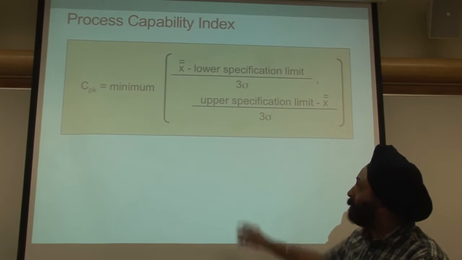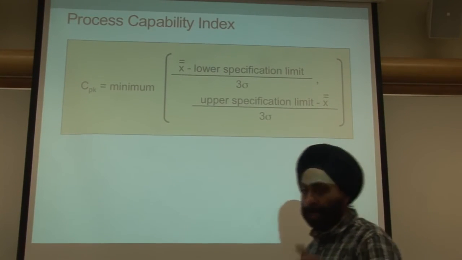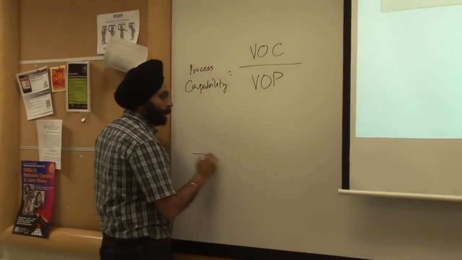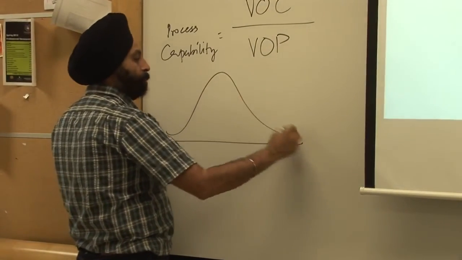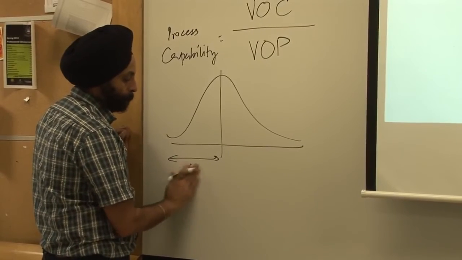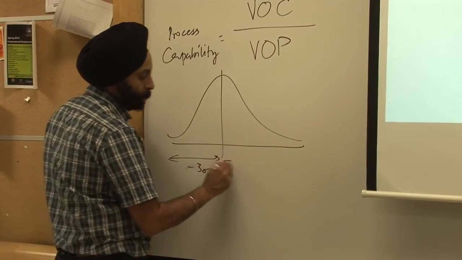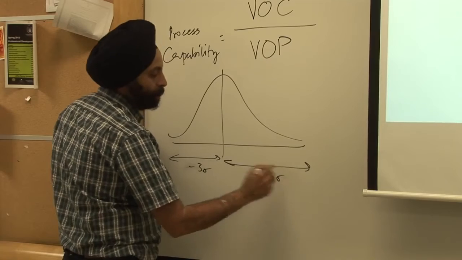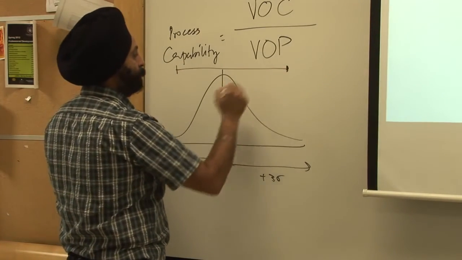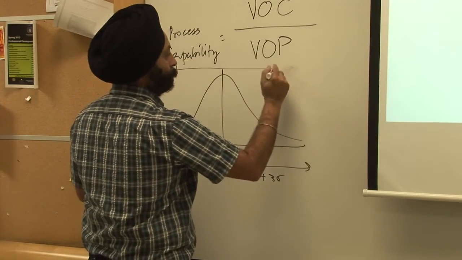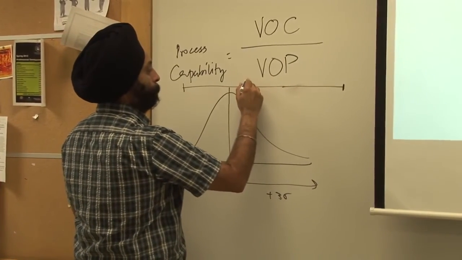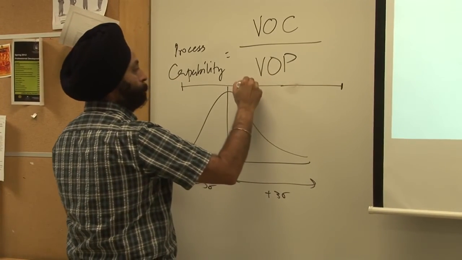So if we look at the process capability index, earlier what we were trying to get a sense of is, if this is the variability, this is minus 3 standard deviation, this is plus 3 standard deviation, and if this happens to be the design specification, and this is the mean, mu.